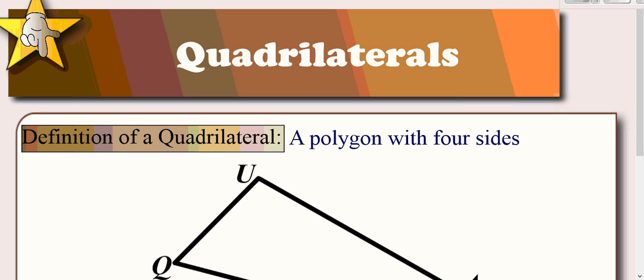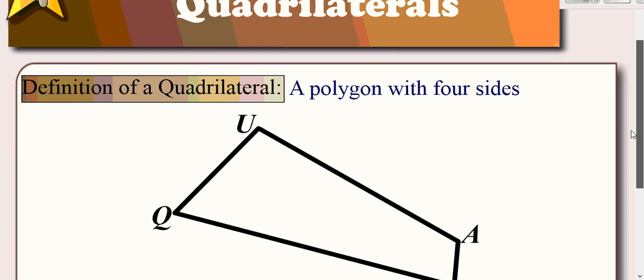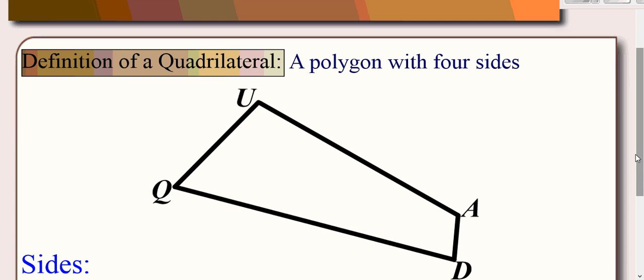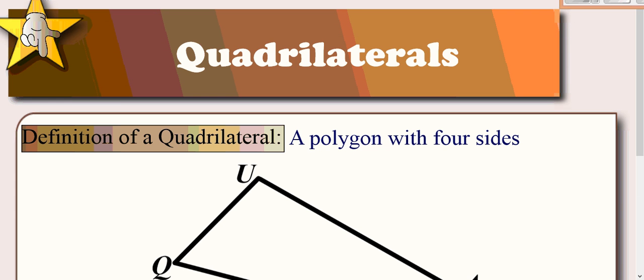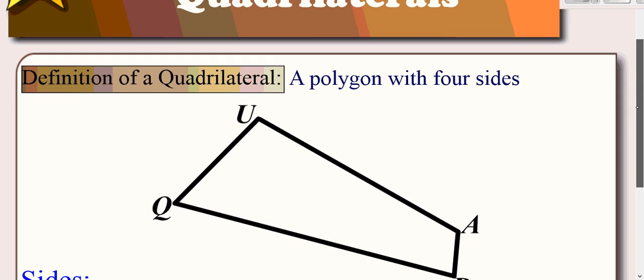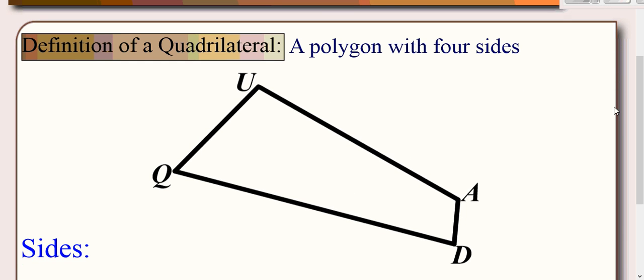So first of all, a quadrilateral is a polygon with four sides, a four-sided figure. Quadrilaterals have four sides. That's what quad means.